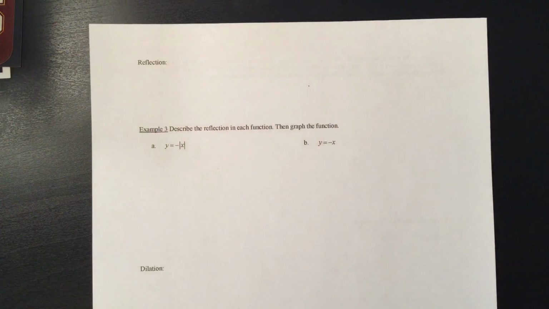Next shift or type that we're going to be looking at are reflections. And reflections are what they sound like. They're mirror images, so they're like flipping the graph across an x-axis. So reflections are like flips.